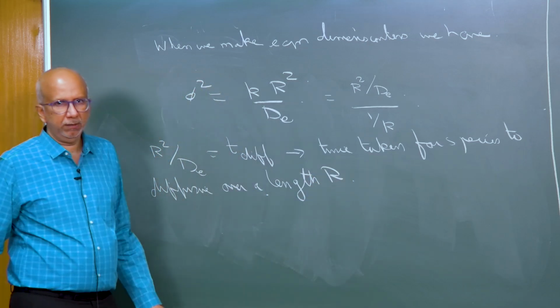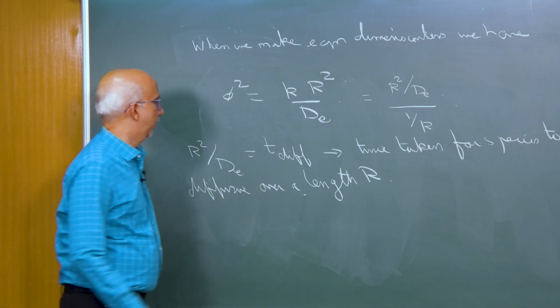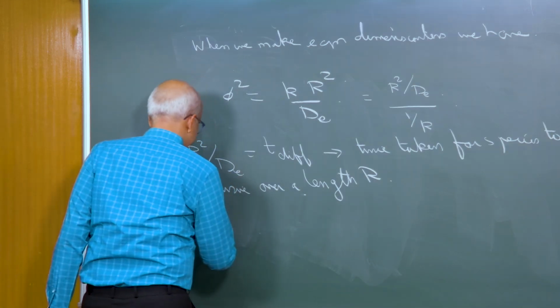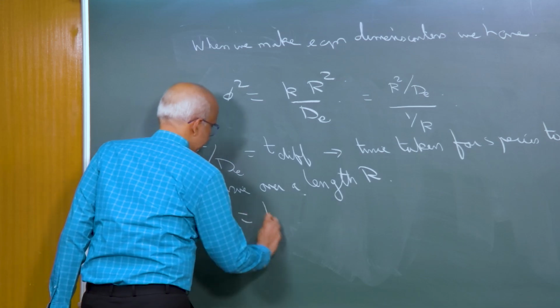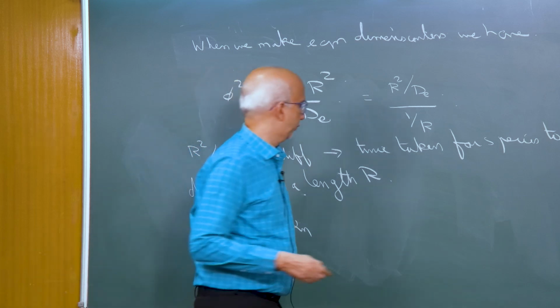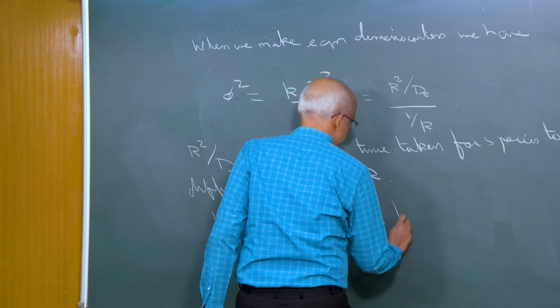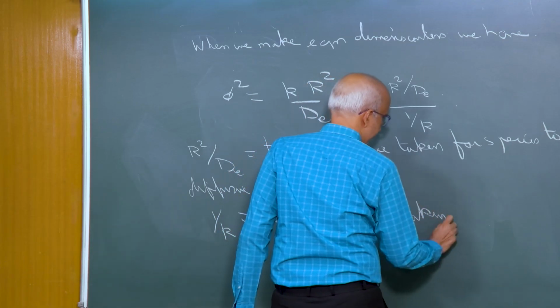So I have length r and what is the time taken for the species to diffuse, and 1 by k is T reaction, the time taken for the reaction to occur.